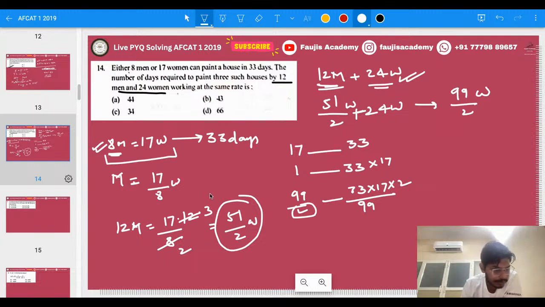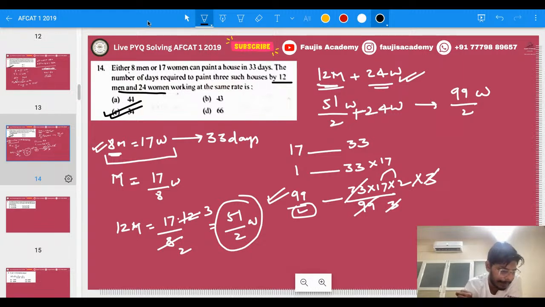This value is for painting one house, so into 3 will be for painting 3 houses. This is what they have asked, 3 such houses. 33, 3 times 33, this 3 is gone. 17 and 2 remaining, multiplication 14 will be the answer to this question.